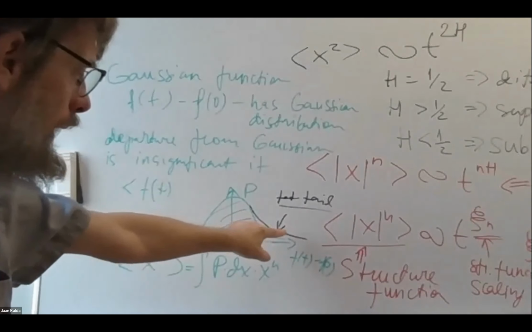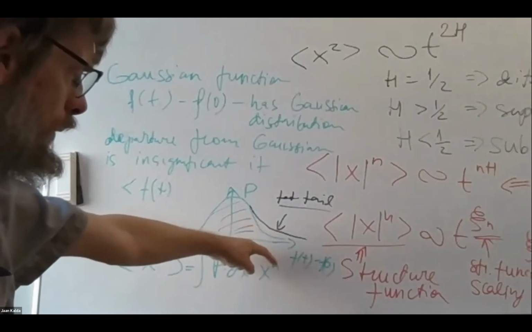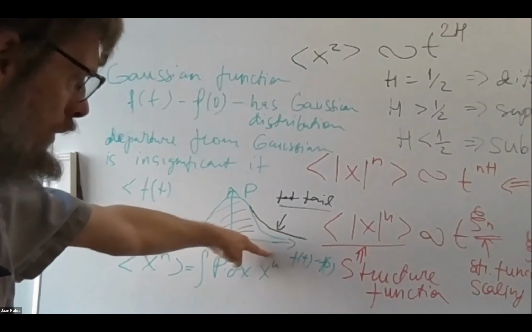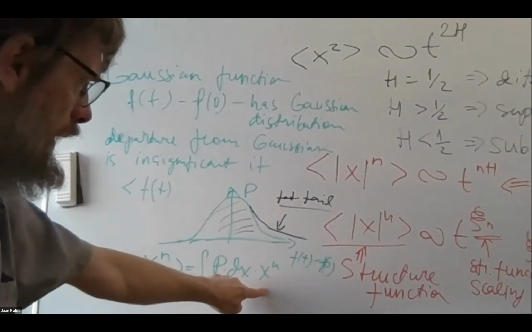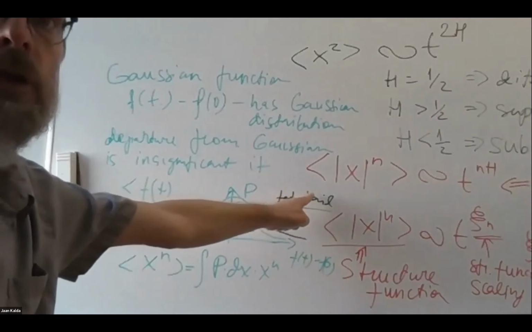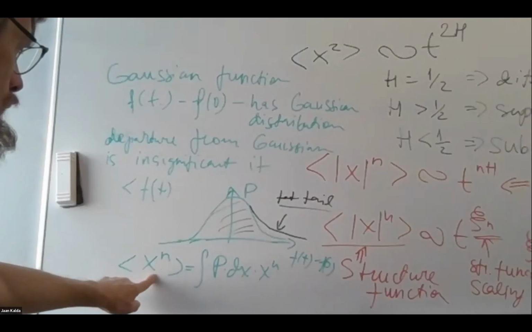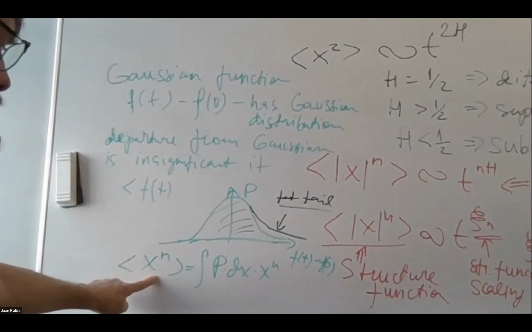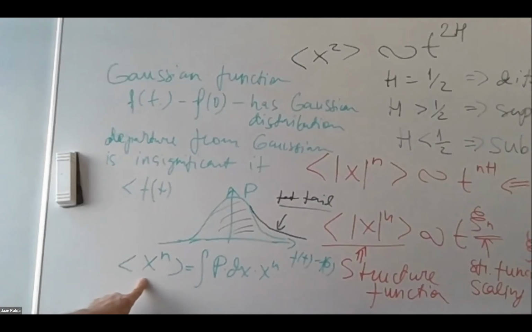But if you have a fat tail, for instance a power law, then multiplying by x to the power of n might shift the maximum of the product p times x^n rightwards, and that's why x to the power of n can be much larger than the modulus of x averaged to the power of n.